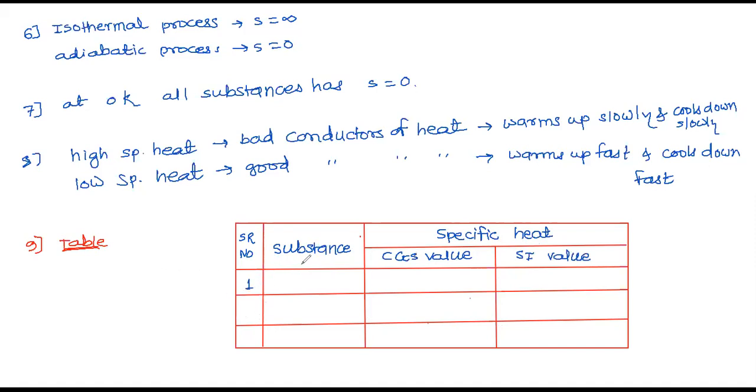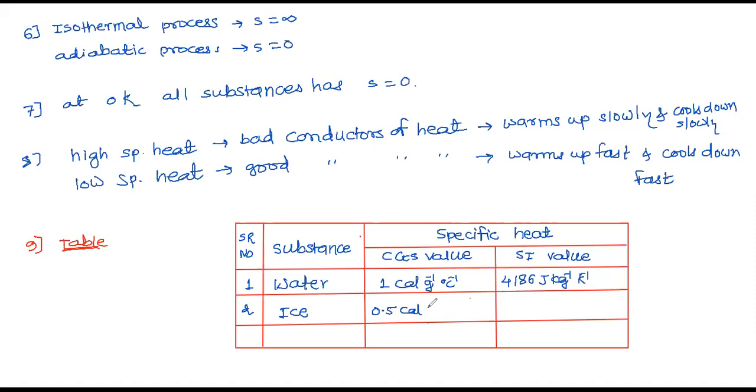Serial number 1, substance is water. CGS value 1 calorie gram inverse degree Celsius inverse, and here it is 4186 joule kg inverse Kelvin inverse. Second number, ice. It is having half the specific heat of water.